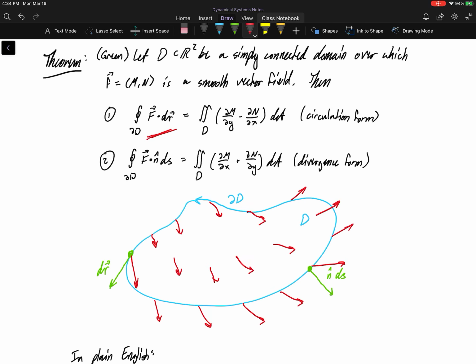And that this circulation, right, the total amount of work done in the same direction as the curve, is actually going to be given by how this vector field is circulating in the interior. Right, I won't go into details about why this is true, but this is circulation on the left, and circulation density on the right.